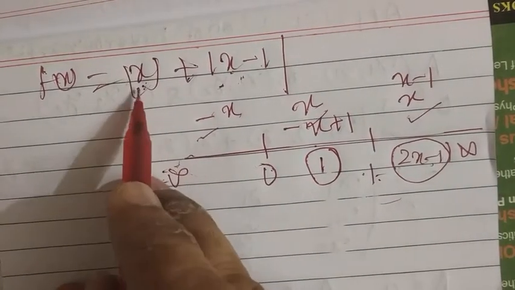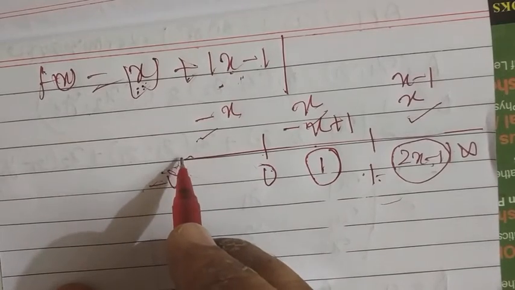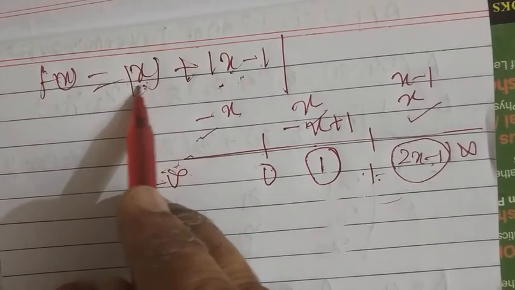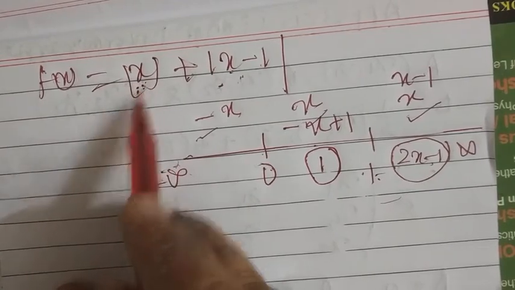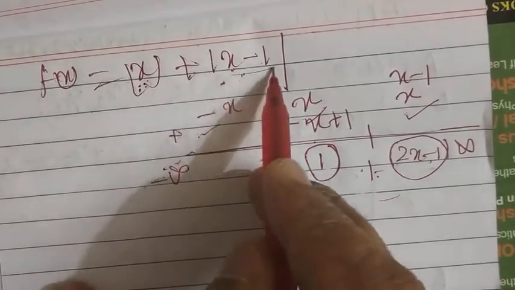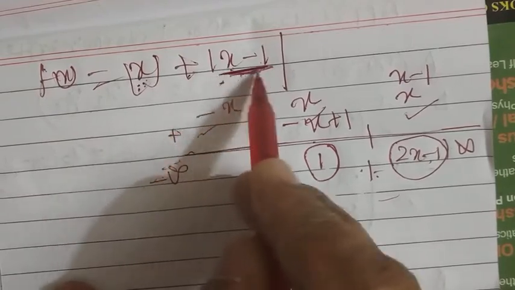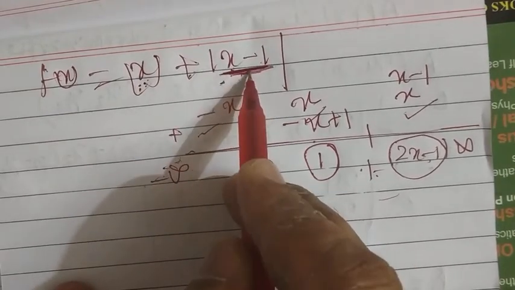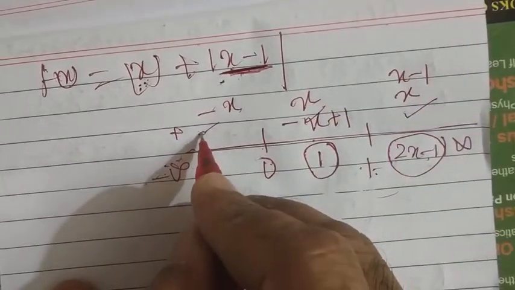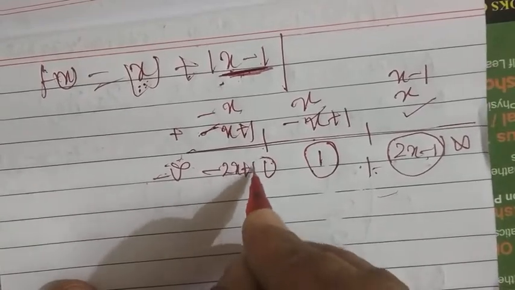So when x is less than 0, it is a negative thing, and mod x will be minus 1 multiplied with that. For x minus 1, this is also negative, so to get its mod I multiply another minus 1. So it is minus x plus 1 minus x, that is minus 2x plus 1.